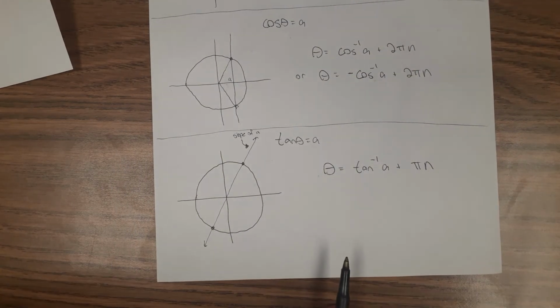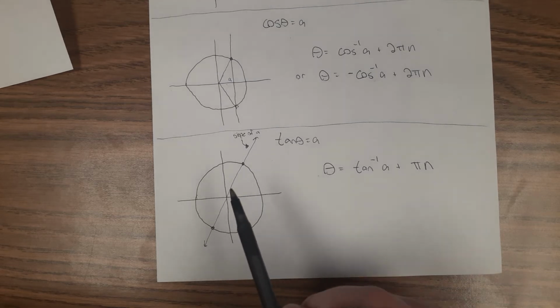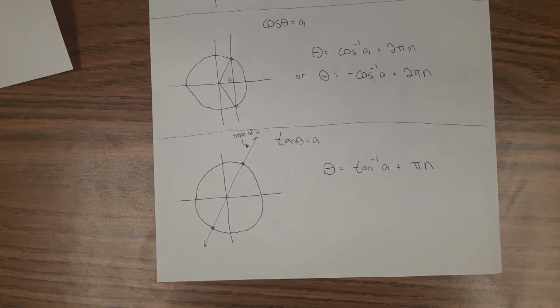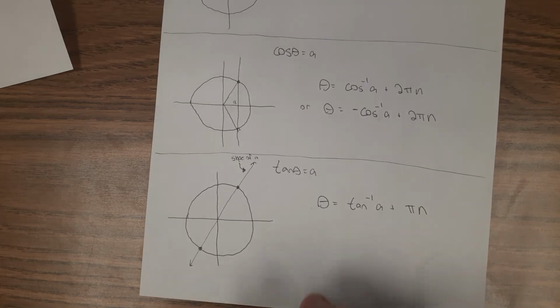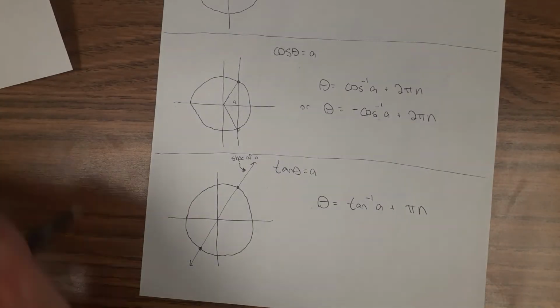Let's talk about tangent. How do I solve tan theta equals A? For this, I draw the same picture. I draw the unit circle, and I remember that, oops, where did we go?